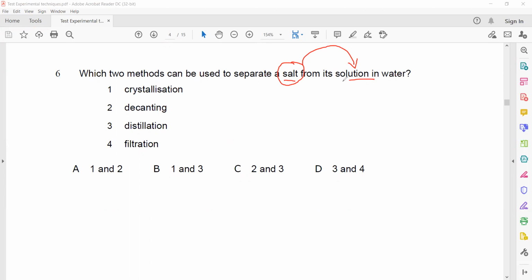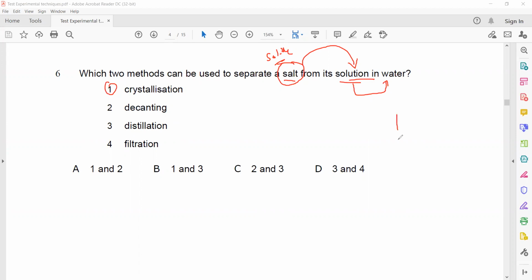Normally when they use the term solution in water, this salt will be a soluble salt. So if you want to separate the soluble salt, the salt which dissolves, we can use crystallization, that is one thing. Or distillation can be used.